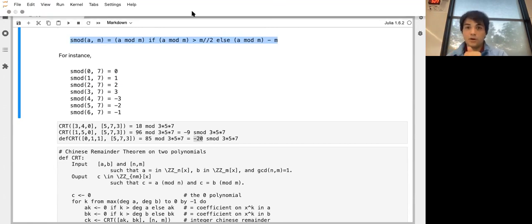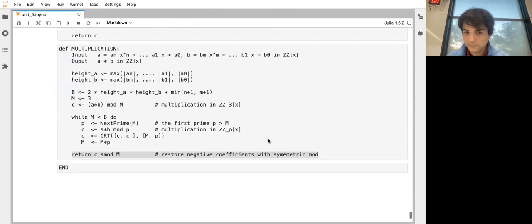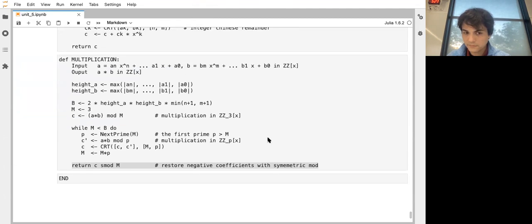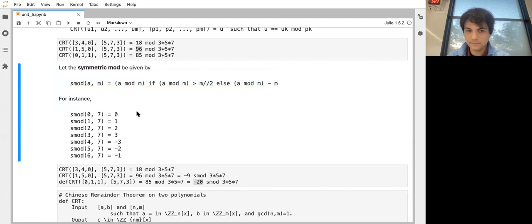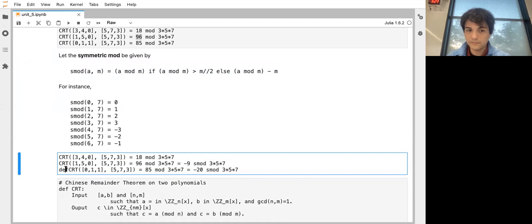Anything else? Yes. I think the line that you select and the example do not line up. In the S mod example, if the mod is less than half, then you keep it, and if it's more than half, then you shift it and add the negative. But I think the definition does not line up with the example.